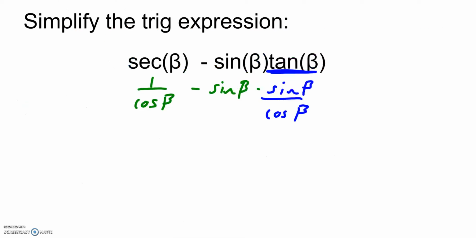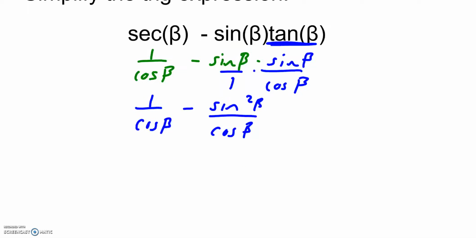Okay, let's see if that got me anywhere. So this is still 1 over cosine of beta minus, this is really over 1. So if I multiply these two, I get sine squared beta, because there's 2 of them, over cosine of beta. Now this may look like I made it more complicated, but good news, it's actually going to work out.